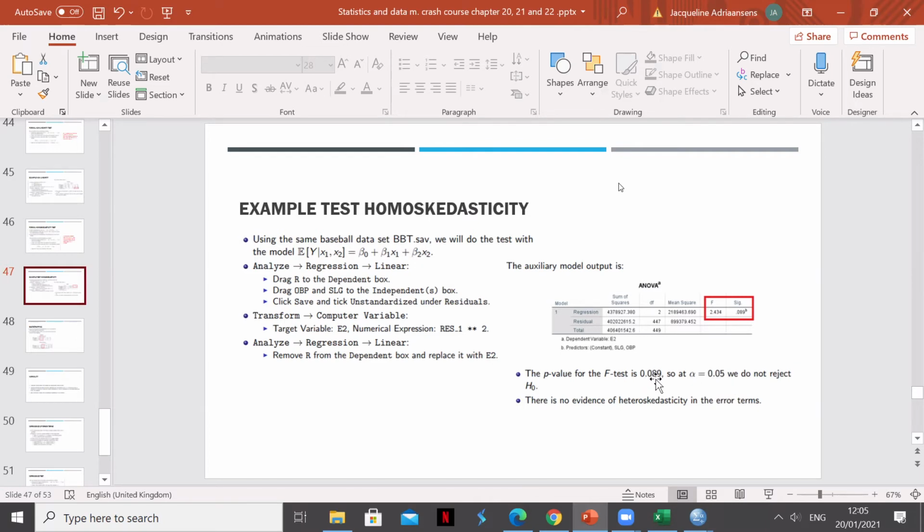So if our p-value is bigger than our alpha level, then we cannot reject our H0 because it's not surprising enough under the null hypothesis. What was H0 again?